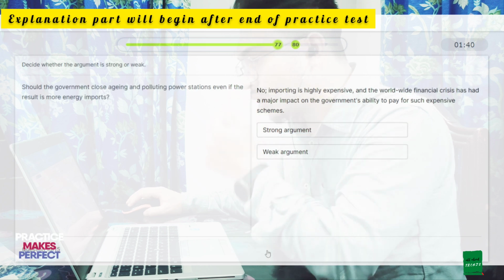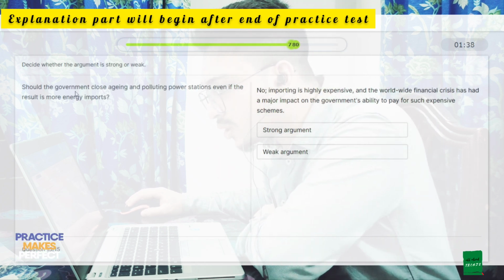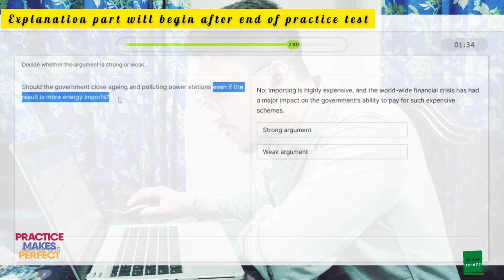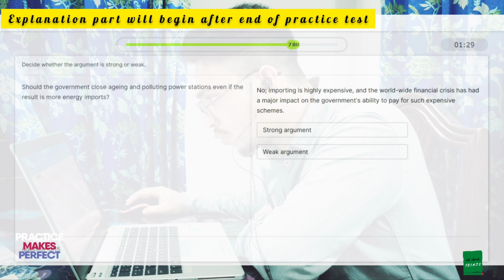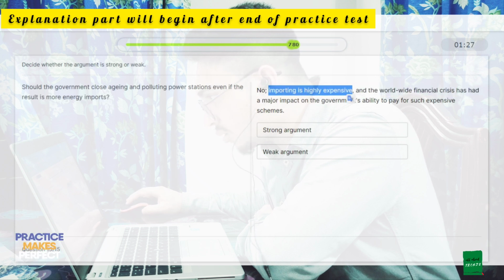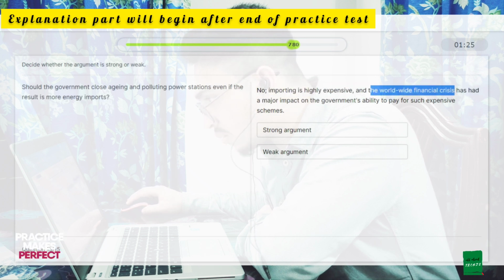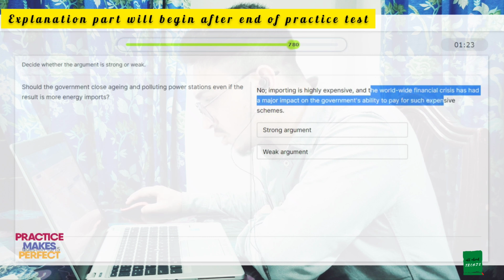Yeah. So the next question is: should the government close aging and polluting power stations beneath the residents' small energy imports? Close aging polluting power stations. Okay, so no, importing is highly expensive. The worldwide financial crisis has had a major impact on the government's ability to pay for such expensive imports.